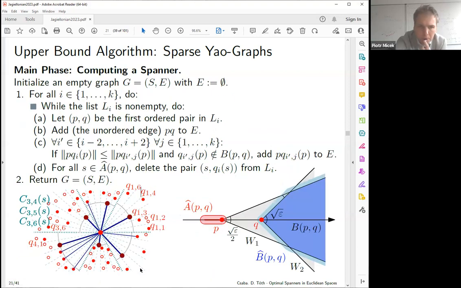And then when one of these edges is added, any edge that would go from this pink region to the blue is just erased from the list, because we know at that point that they're not needed. So if one of these PQ edges is present, then there's no edge from this pink region to the blue region.